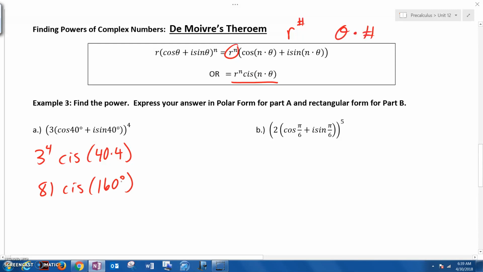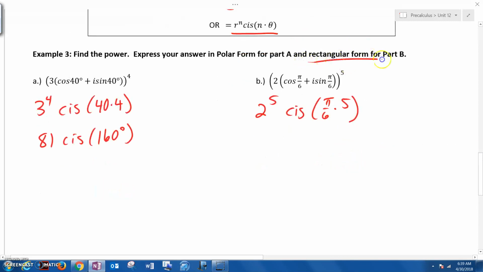And then we're done. Here we raise 2 to the 5th power, and then we do cis pi over 6 times 5. Because I want to go to rectangular, I'm going to rewrite it in the other form, which is cosine of 5 pi over 6 plus i sine 5 pi over 6. And 2 to the 5th is 32.